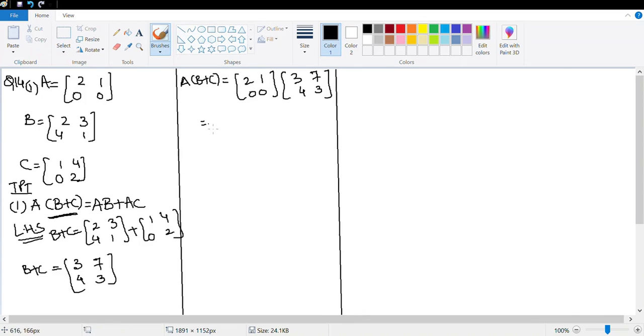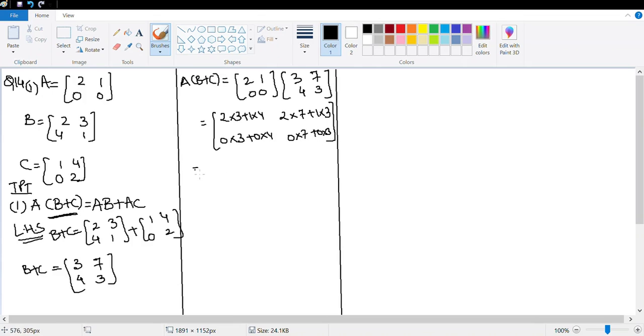Putting arrows is allowed, yes. So let's multiply. The first term will be 2 into 3 plus 1 into 4. The next term will be 2 into 7 plus 1 into 3. This would be 0 into 3 plus 0 into 4, and then 0 into 7 plus 0 into 3.